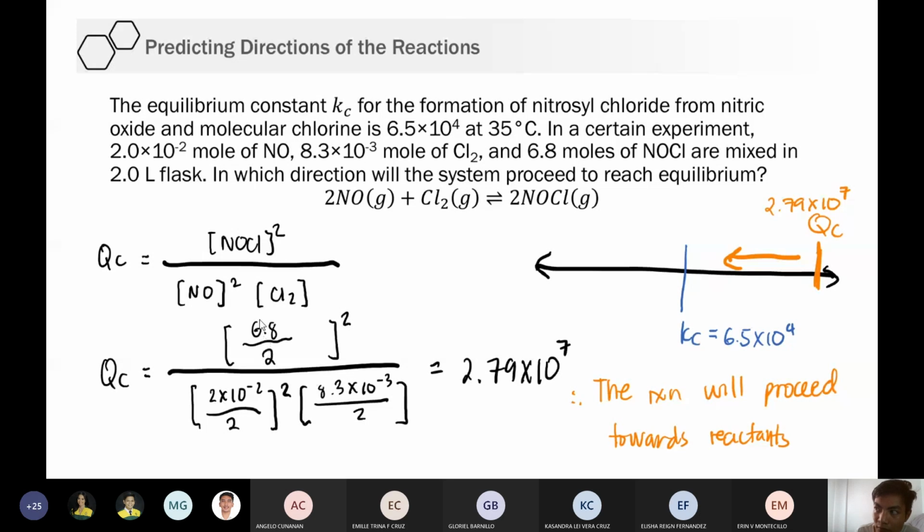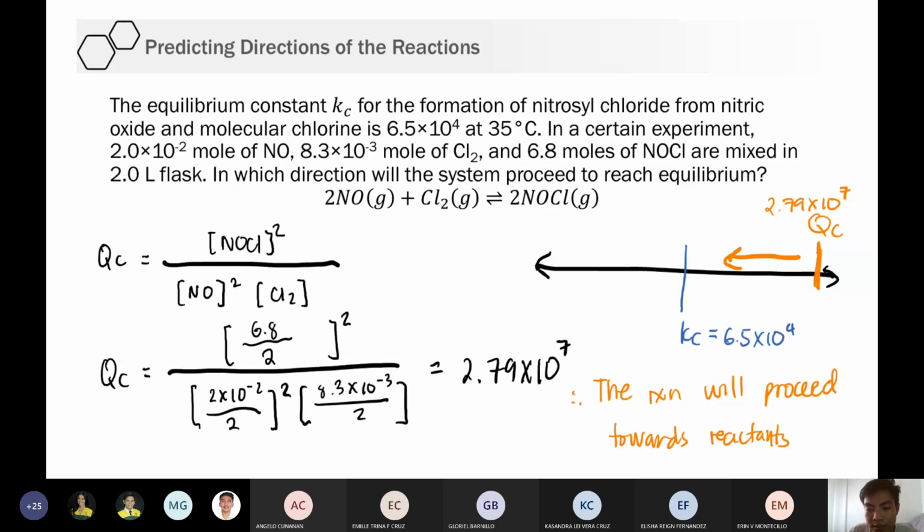Tignan nyo, 3.4 molar. Laki ng 3.4 molar concentration. So, gagawin ng system para maging balance siya, it will convert niya yung NOCl back to the two molecules, no, until they achieve the balance. Okay. So, that is how we predict the direction of the reaction.